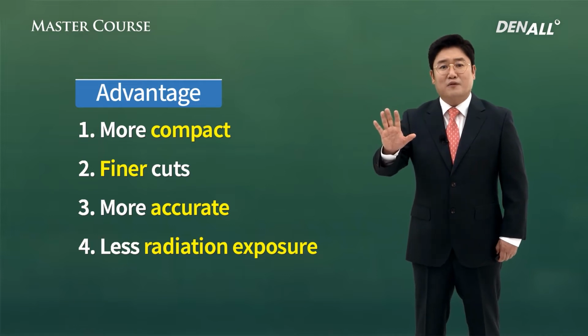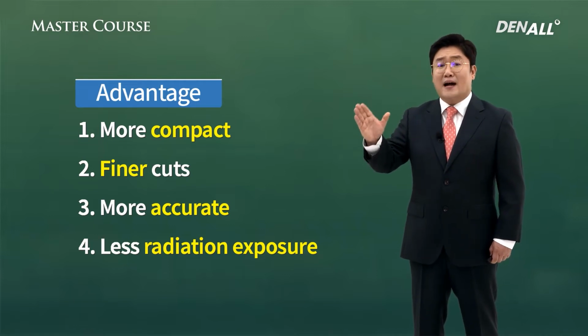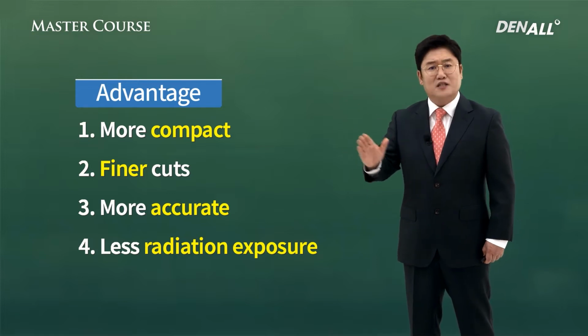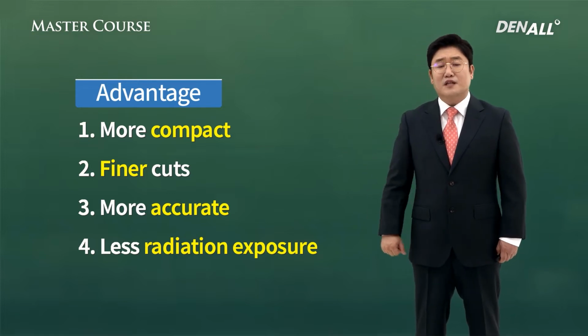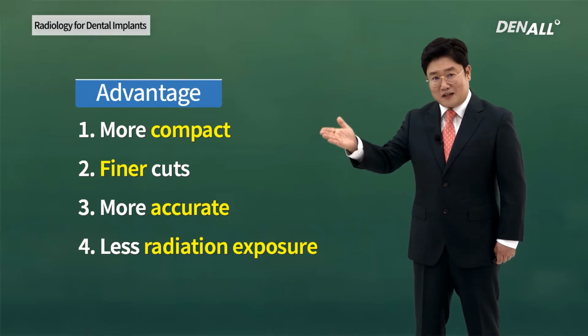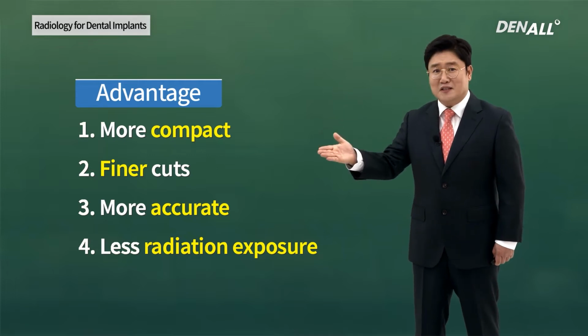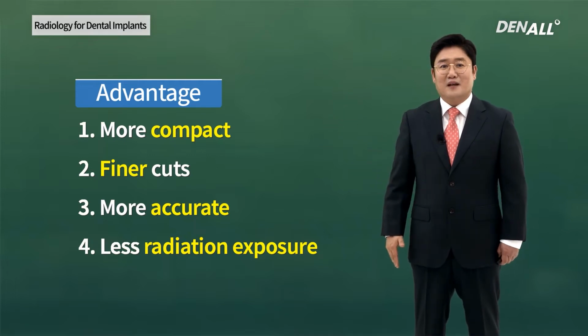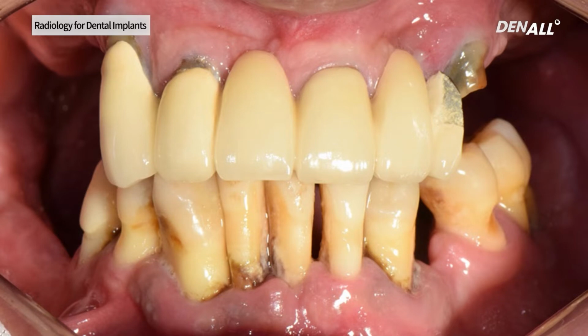The X-ray beams are exposed all at once, therefore the exposure of radiation to the patient has become drastically lowered. It has become more compact, with finer images, more accurate, and the radiation exposure is reduced greatly.